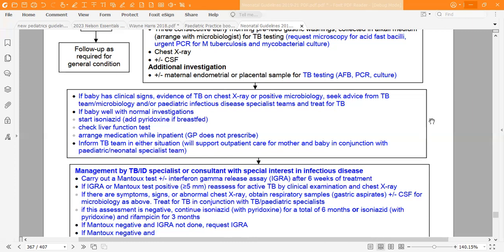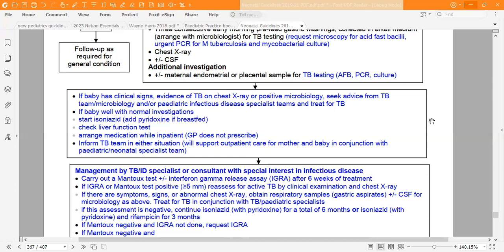We have to check the liver function test as well, and arrange medication while inpatient. GP doesn't prescribe. Inform the TB team in either situation; they will support outpatient care for mother and baby in conjunction with the pediatric neonatal specialist team.